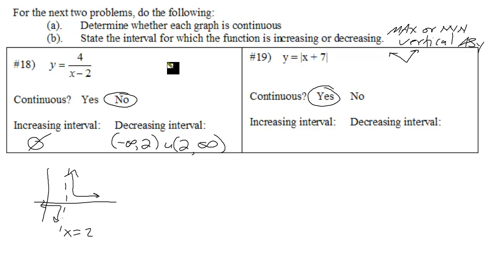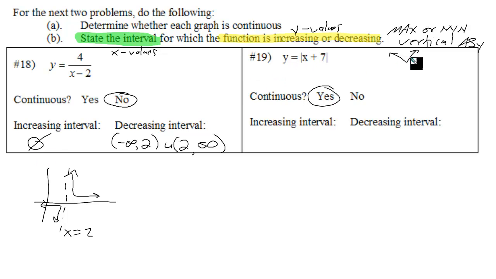Important to note, state the interval. That's referring to x values. For which the function is increasing or decreasing. That's referring to the y values. Going up is increasing, going down is decreasing.